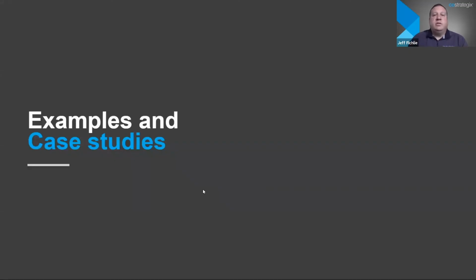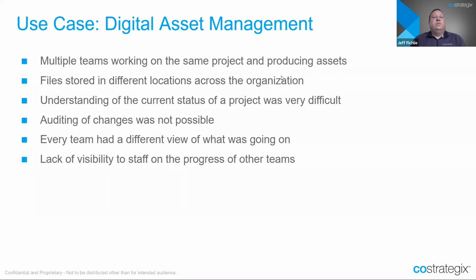Okay, so let's talk about a few examples that CoStrategix has gone through with their customers over the past few years. So the use case here was digital asset management. We had a client that had a bunch of teams working on a project, and they were all providing assets to the project, so files for the project.